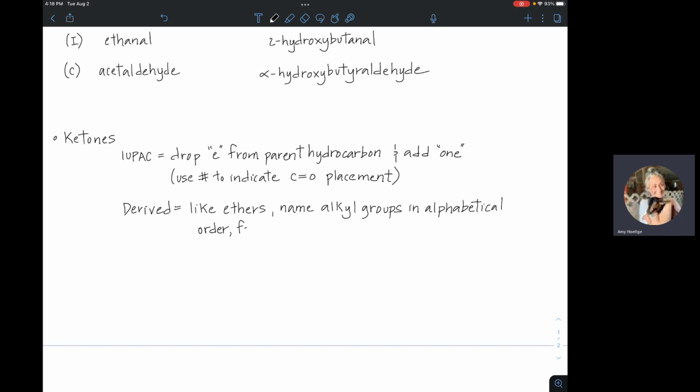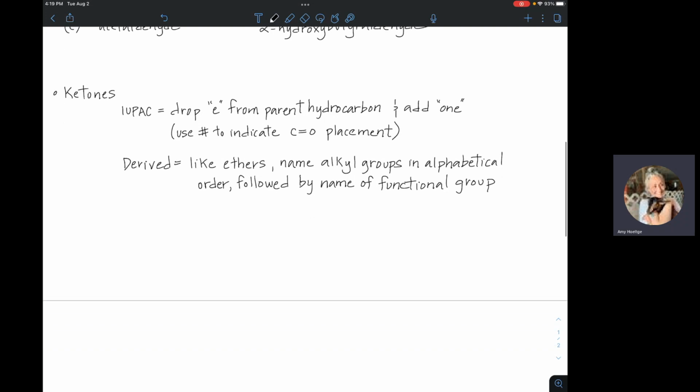And you're going to follow it by the name of the functional group. In this case, it would be a ketone. You know how you can have an ethyl methyl ether, you can have an ethyl methyl ketone.